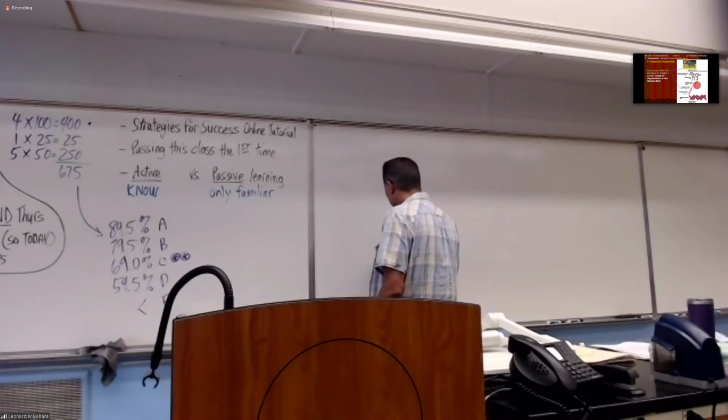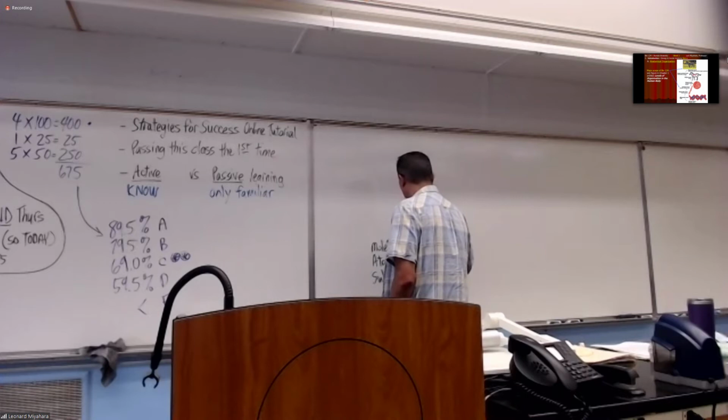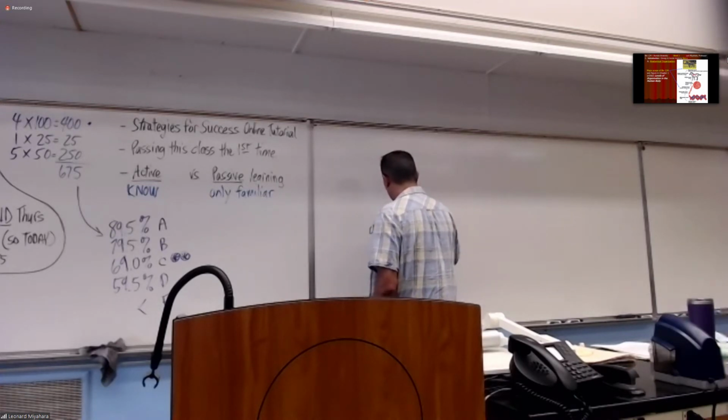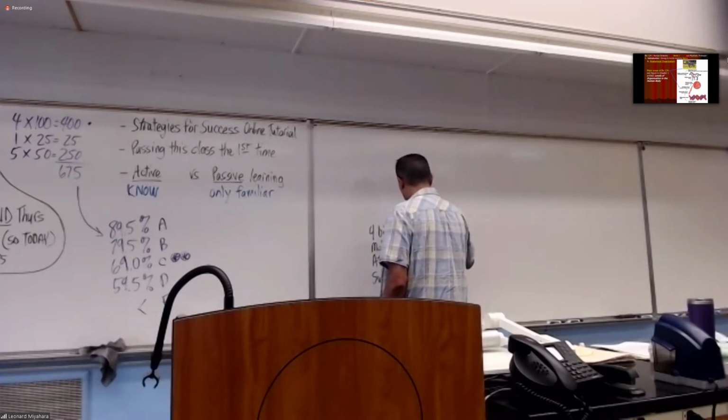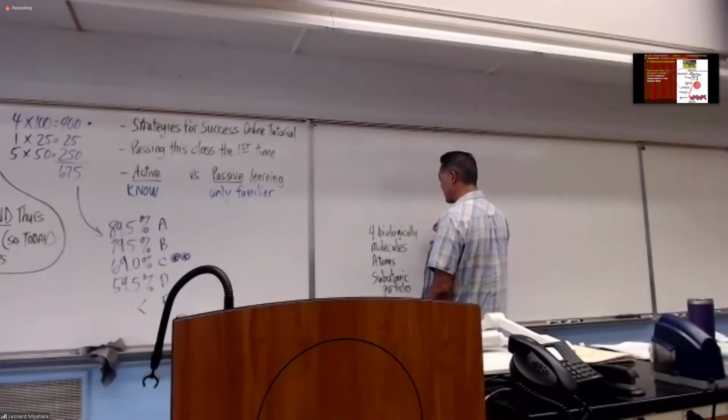So then we got atoms. Then we have molecules. Then we have 4 biologically important macromolecules. Macro means big.